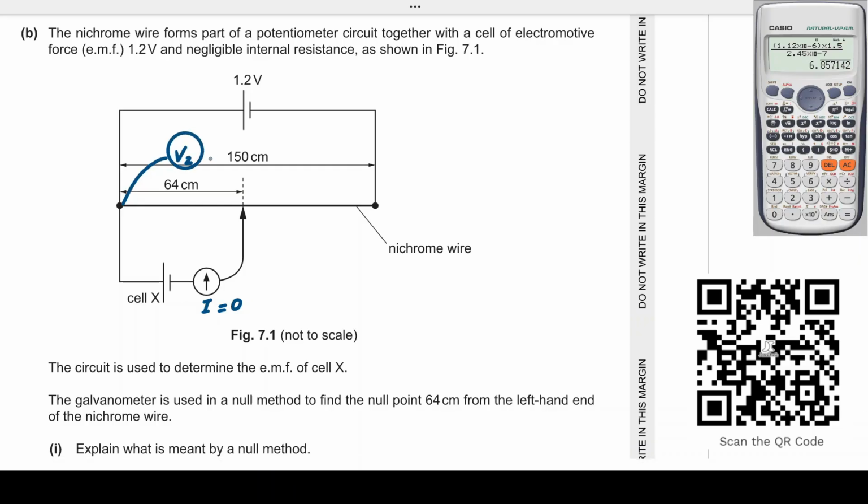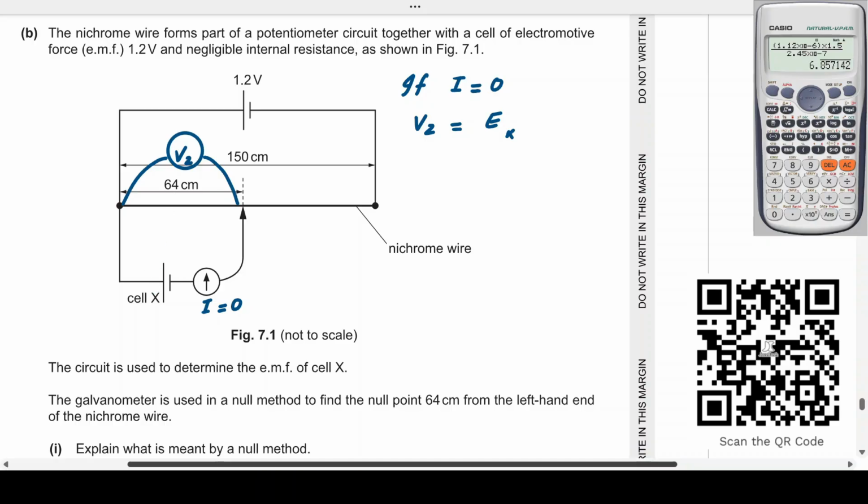Then V2 will be equal to EMF of the cell X. So if galvanometer is at null condition, the current I equals 0, then the voltage V2 will be equal to EMF of the cell X. The question is, how do we find the voltage V2? Whatever the voltage V2 is, that will be equal to the EMF of the cell X.